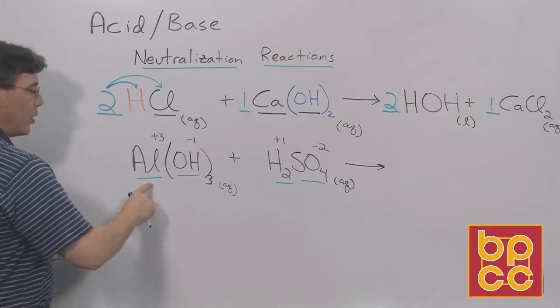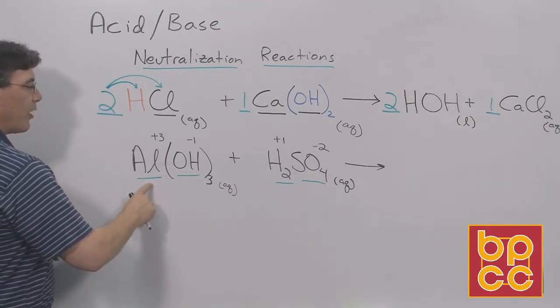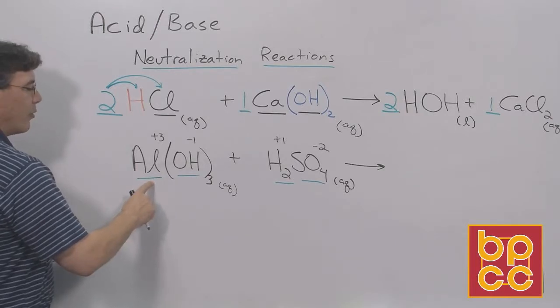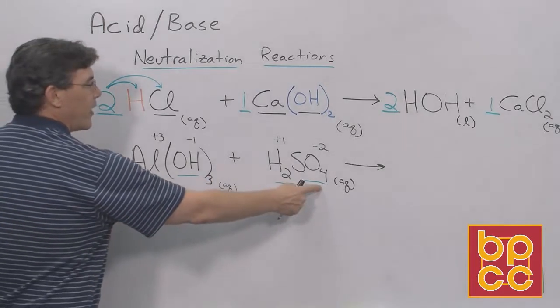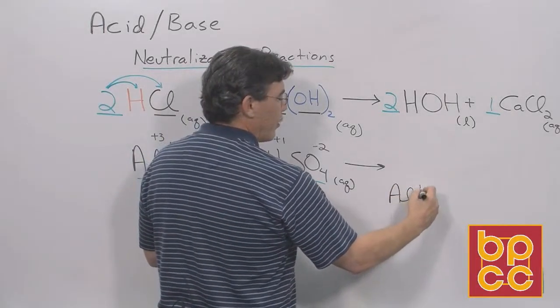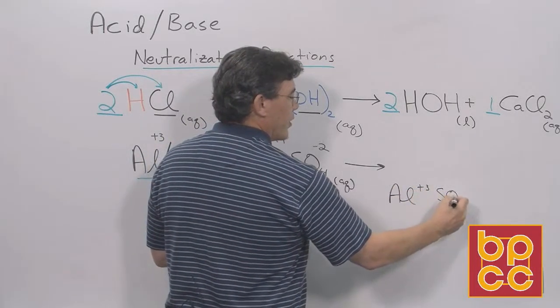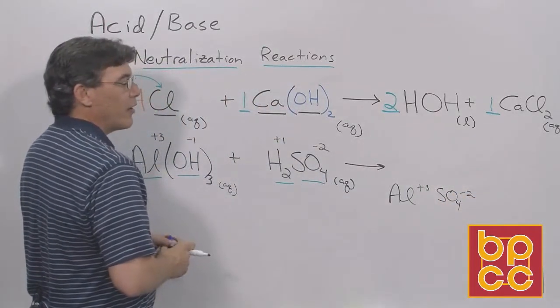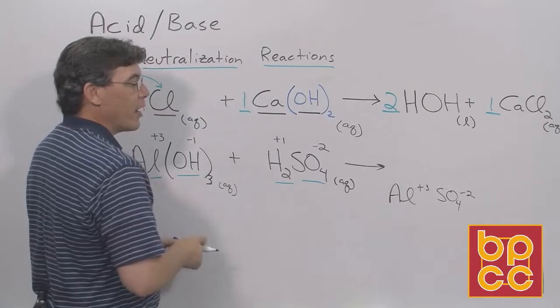So let's go ahead and pair up the products here for the salt first. It would be aluminum and sulfate. And the charges, I'm going to again do this kind of as scratch work down below. Aluminum and sulfate trying to come together to make a compound.